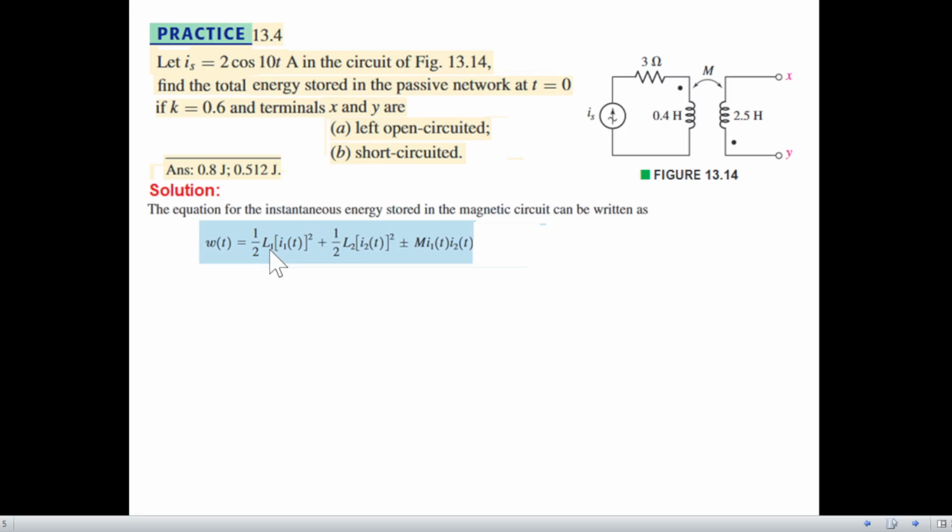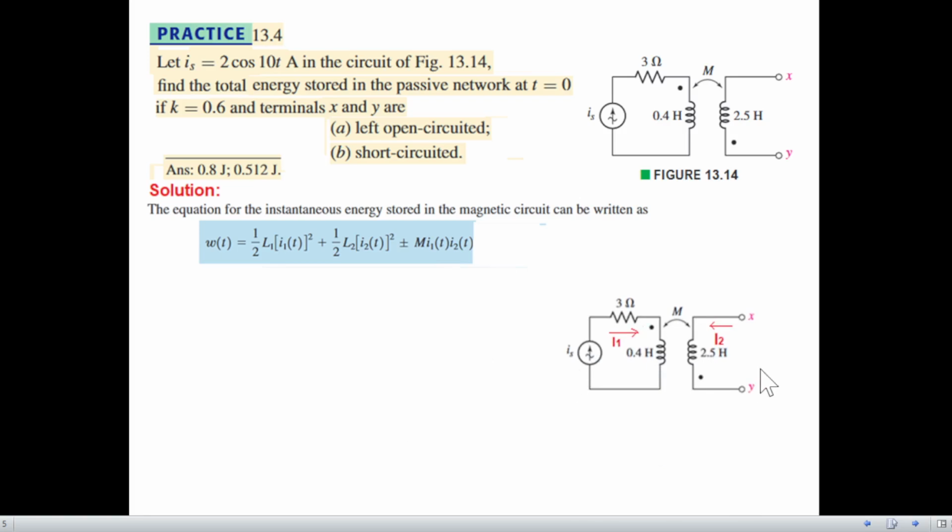The other term is half L1 multiplied by I1(t) squared, where I1(t) is the current through this. Then plus half of L2 times the current in this circuit squared, I2(t) squared. And then M, the coupling coefficient, multiplied by the two currents I1(t) and I2(t).